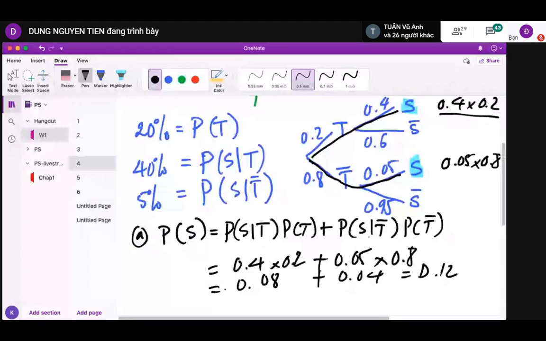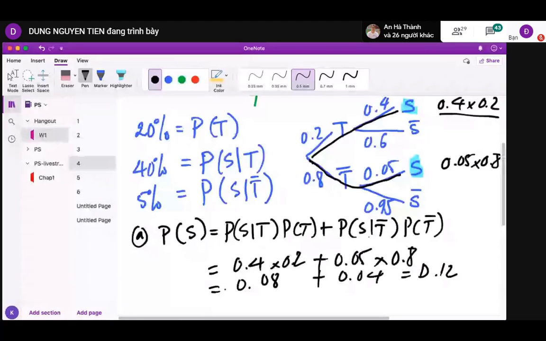And you come up with the probability of S given T times the probability of T, divided by the probability of S. The probability of S is 0.12.